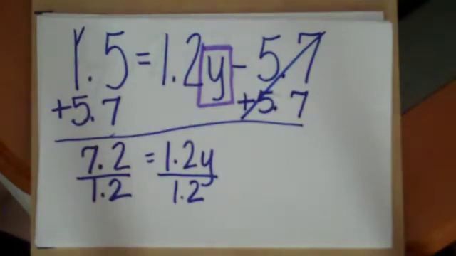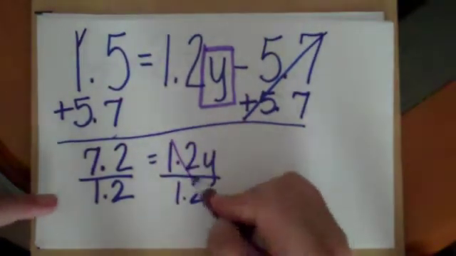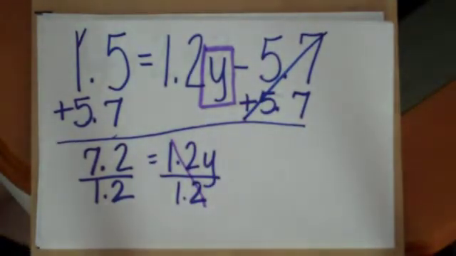Well, that's y. So we say the 1.2 cancels itself, right? We say that they cancel, but what's really going on is 1.2 divided by 1.2 is 1, and 1 times y is y.